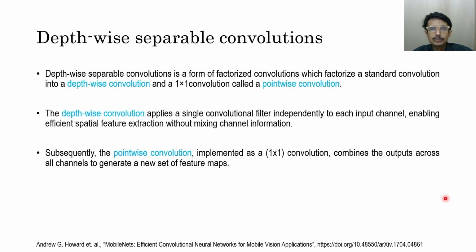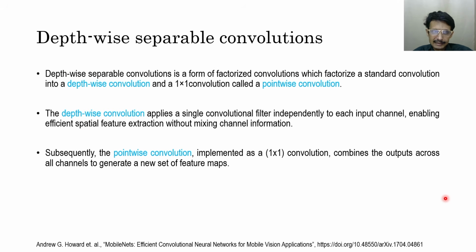Now, what do we mean by depthwise separable convolution? It is a form of factorized convolution which factorizes a standard convolution into a depthwise convolution and a one-by-one convolution called pointwise convolution, which will be defined in subsequent slides. The depthwise convolution applies a single convolution filter independently to each input channel, enabling efficient spatial feature extraction without mixing channel information.